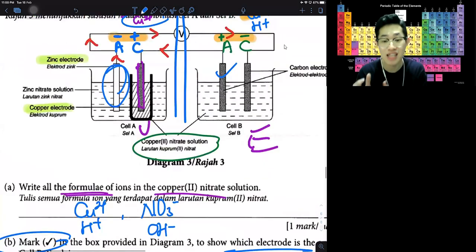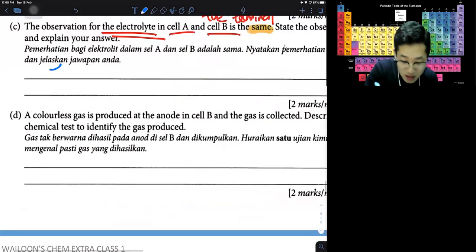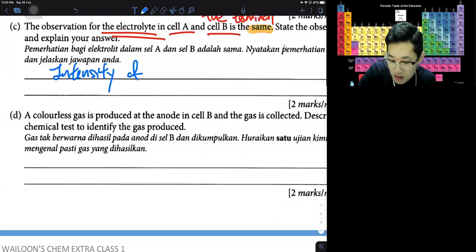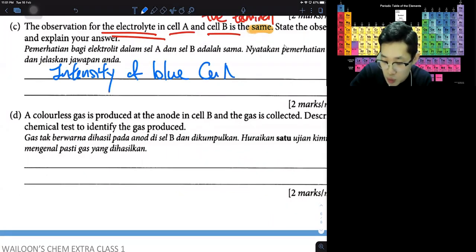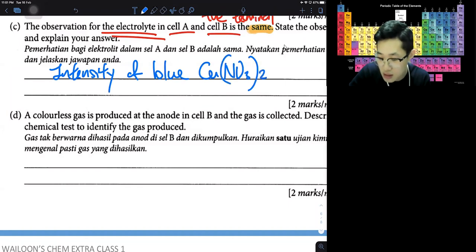So in both cells, the intensity of the blue copper 2 nitrate solution decreases.